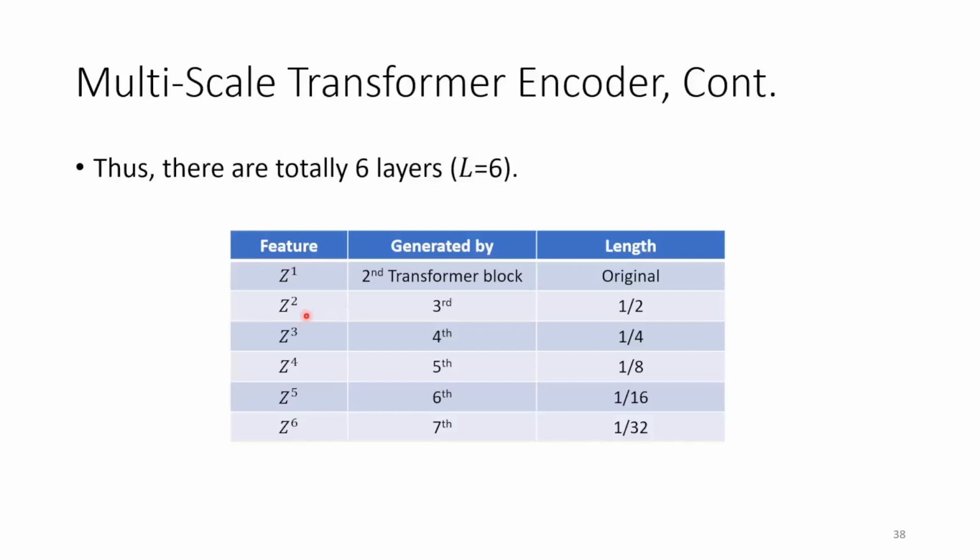And then for the third transformer block, they start to downsample it. When they downsample, what will happen? The length will be only half of the original one. And they call it Z2. And then when they apply all the 7 transformer blocks, the last layer, they will generate only 30 seconds length.